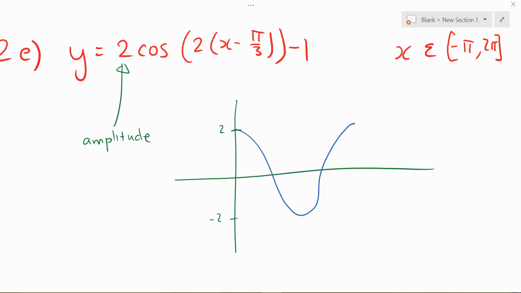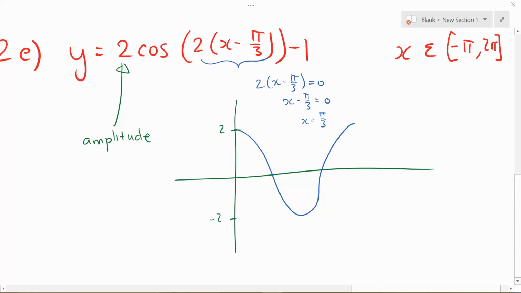If you forgot how I understood this, let the inside equal 0, and if you solve for x, it tells you whether it moves left or right. So if I solve 2 bracket x minus pi on 3 equals 0, divide both sides by 2, then x equals pi on 3. This tells me that I'm moving to the right by pi on 3, because that's positive.